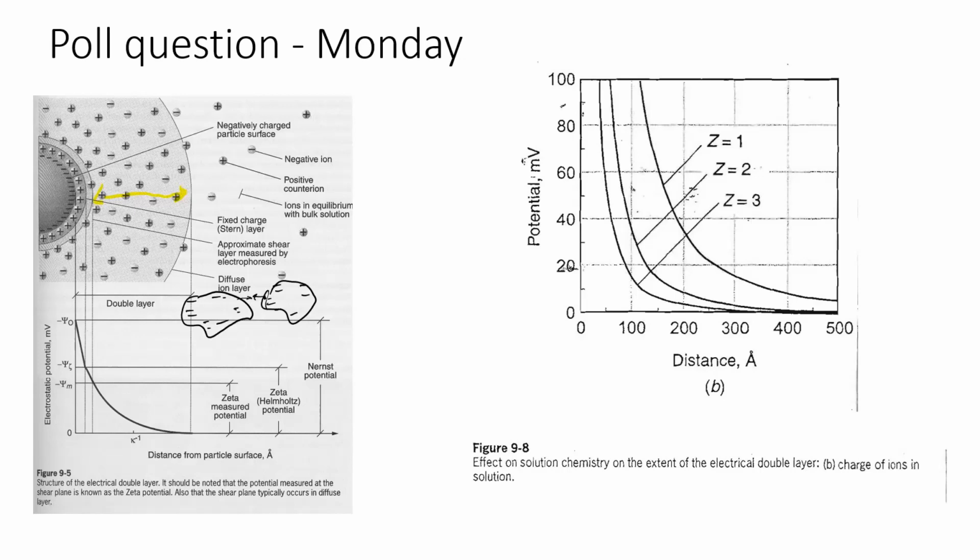But if we increase the charge of the coagulant that we add, that decreases this distance here and allows those particles to approach one another closer, so that the attractive forces can overcome the repulsive forces. Therefore, the two particles stick together, they grow in size, and they're heavy enough to be removed by sedimentation. So that's really what's happening here.